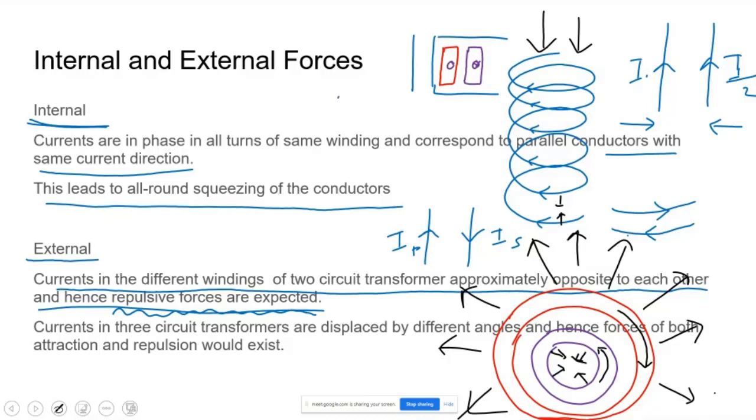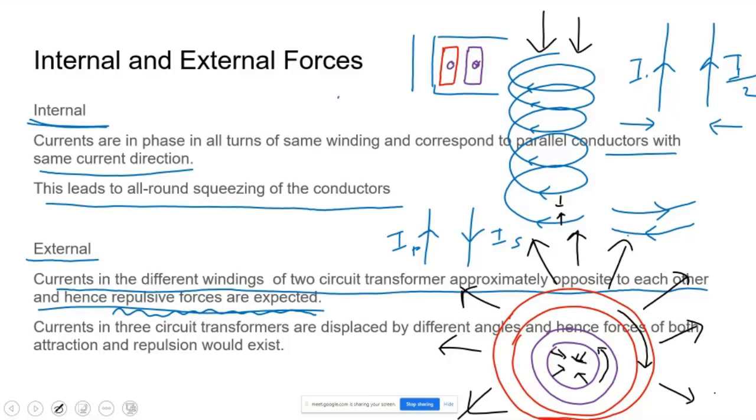And this is about two circuit winding. There are multiple circuit transformers we have, 3 circuits and so on. In that case, the currents may differ in phase angles. So not only repulsive forces, but there may be some attractive forces also because of the phase difference. The force actually depends on the phase angle.